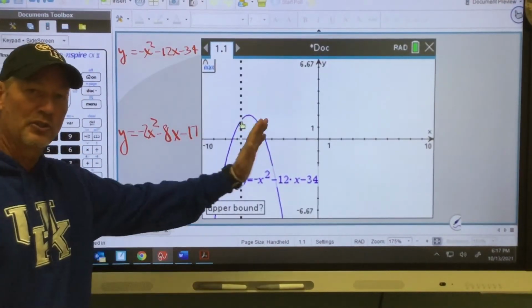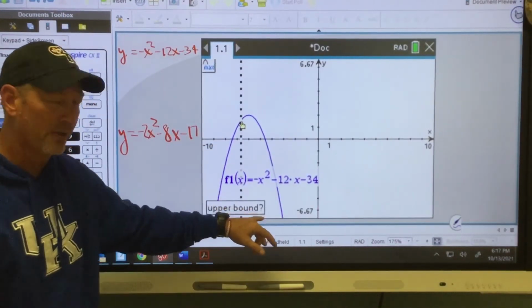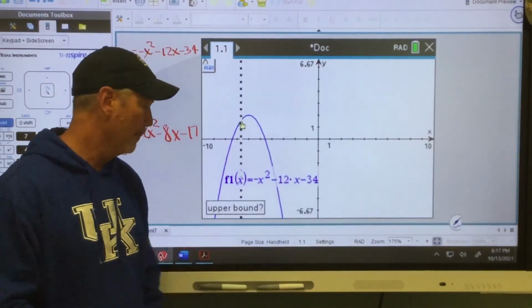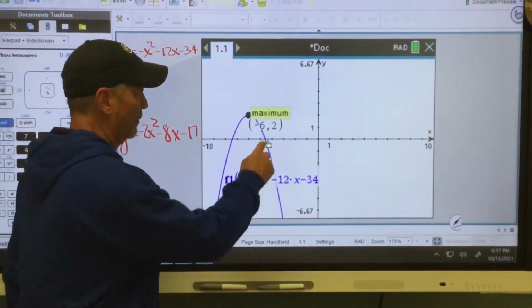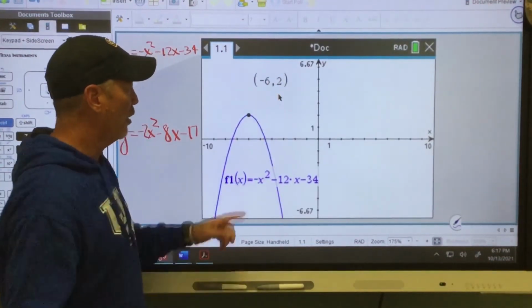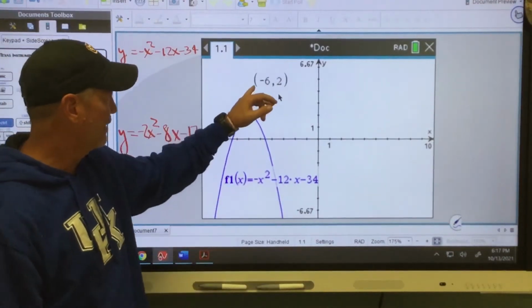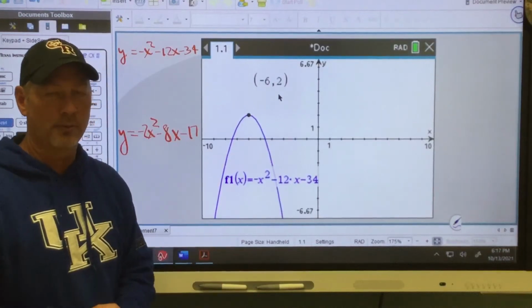As soon as I moved it to the left and I click it, it jumps to upper bound. Lower means left, upper means right. And I moved it to the right and it gives me my maximum, which is also my vertex here. Got it? My vertex is at -6, 2. It is a max value of 2.